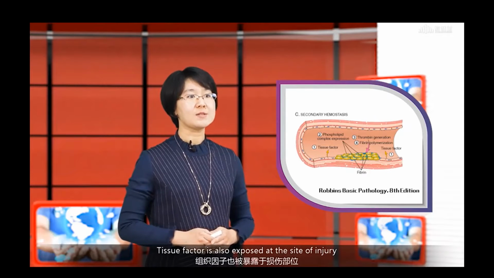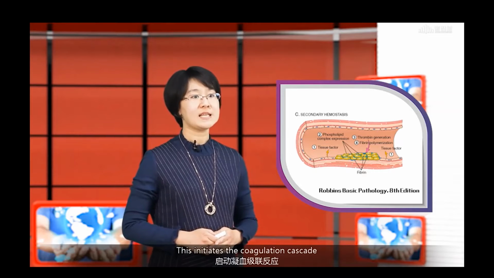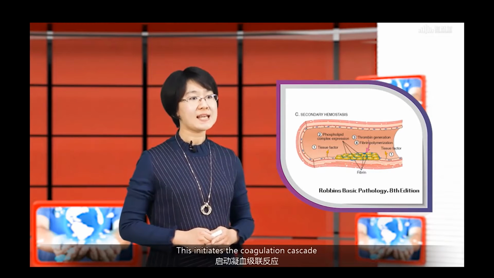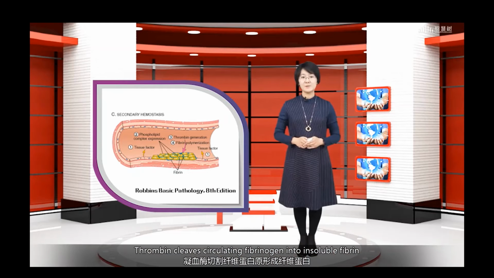Tissue factor is also exposed at the site of injury. This initiates the coagulation cascade, eventually culminating in thrombin generation. Thrombin cleaves circulating fibrinogen into insoluble fibrin, which creates a fibrin meshwork deposition.